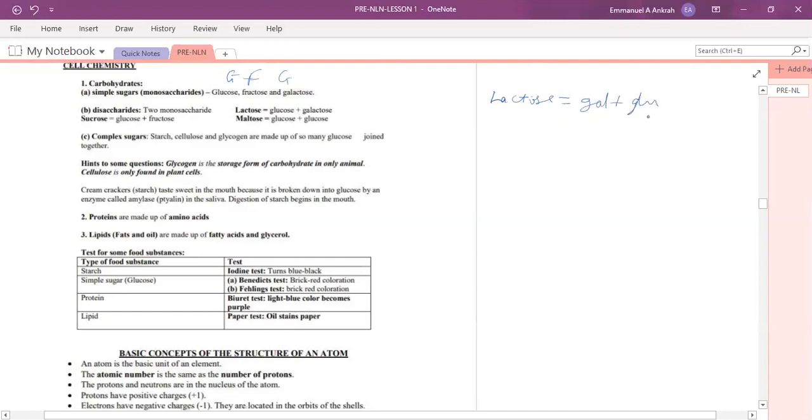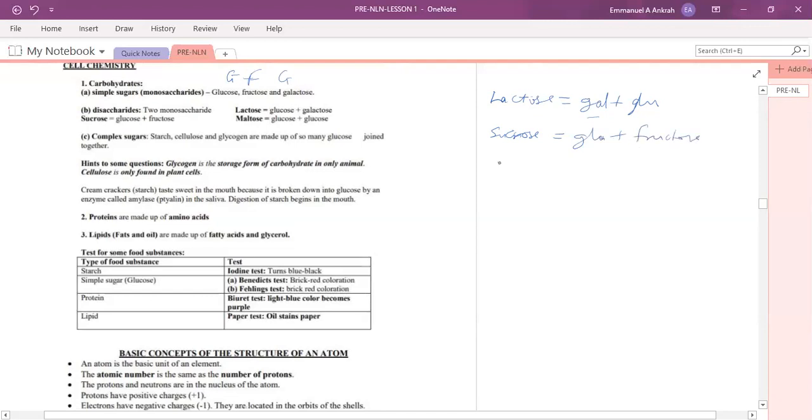I know glucose is one of them. All of them contain glucose. So lactose is galactose and glucose. When I take sucrose, for some reason, it sounds like fructose in my mind. Sucrose, fructose. So I know galactose is taken, glucose is already one of them, so I don't worry about that. Sucrose, fructose. So this is fructose.